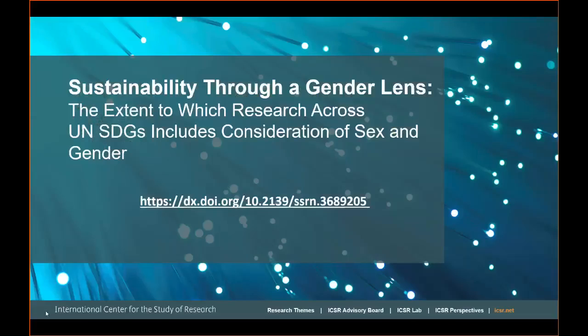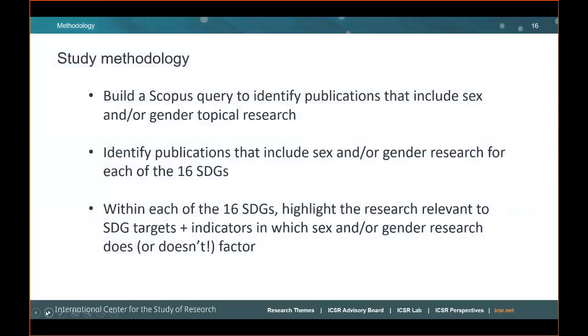And finally, our most recent study, it's an examination of the extent to which research across the UN Sustainable Development Goals includes consideration of sex and gender. This study was done using the Scopus database and had 3 steps. We identified research related to each of the 16 SDGs using existing Scopus SDG queries, which are all publicly available.